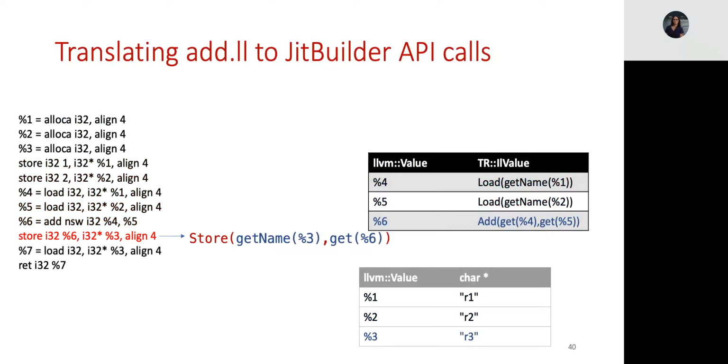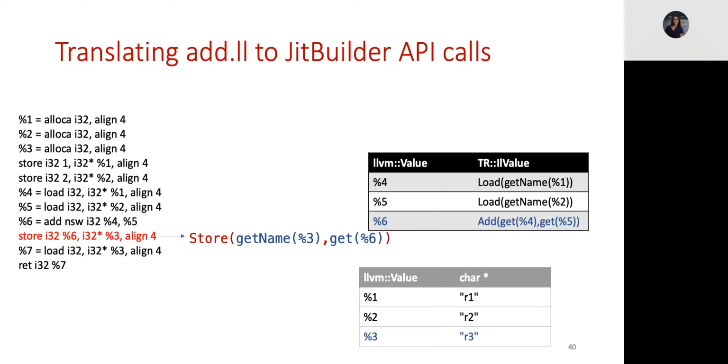Okay, so the question was, how do you know when to use get name or when to use get value itself? The thing is, we maintain a table where we know what the local variables are, so what values correspond to the local variables. In that case, we have this function called is indirect load or store.